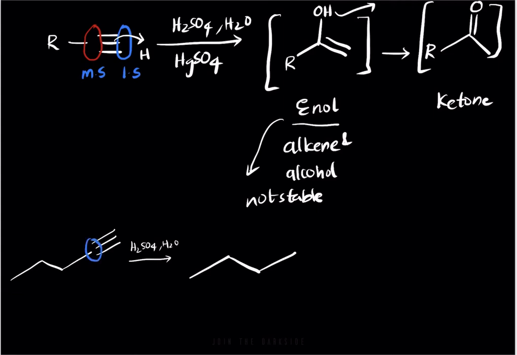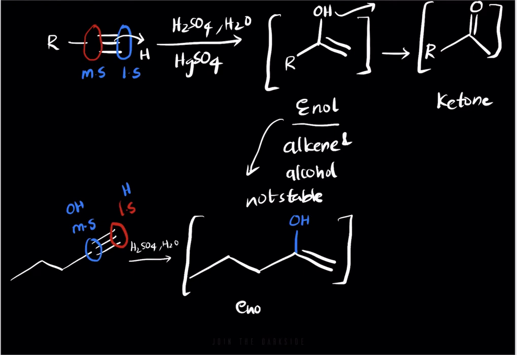You have this carbon in blue and carbon in red. The carbon in red is the less substituted carbon, and the carbon in blue is the more substituted carbon. So the more substituted gets OH, the less substituted gets H. So you get OH, and on the less substituted, you have a hydrogen addition. This is the enol that forms.